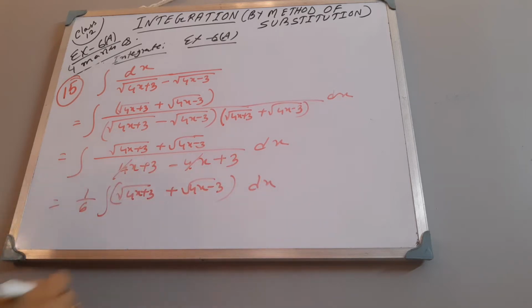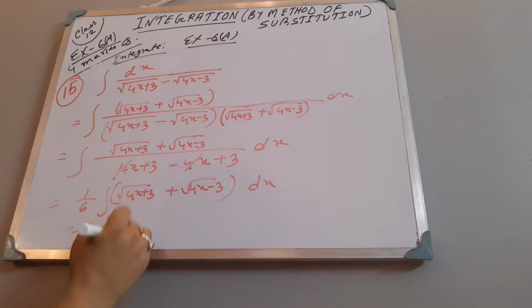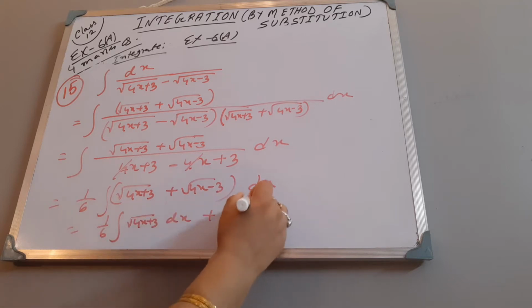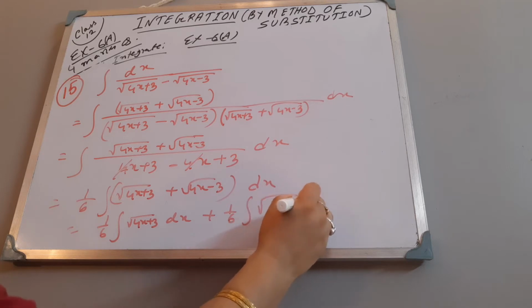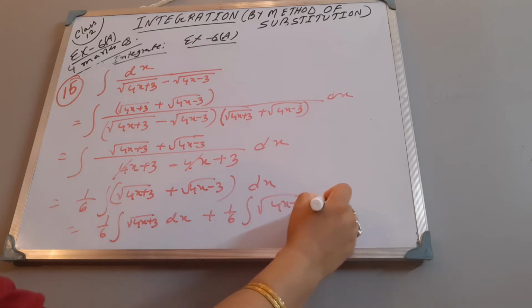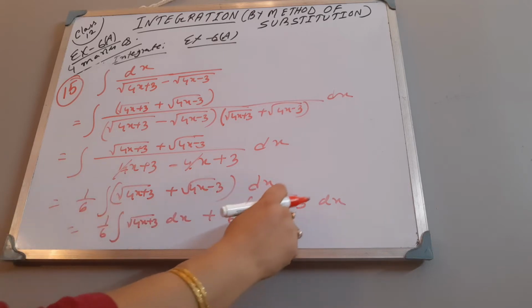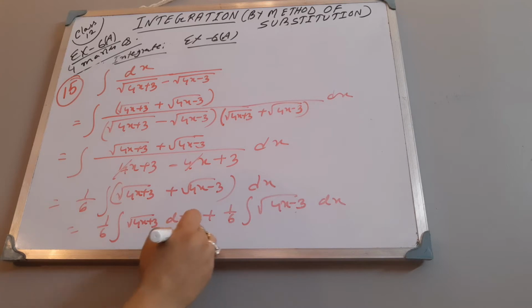Okay, now let us separate the integral part. 1 by 6 integral square root of 4x plus 3 dx, similarly 1 by 6 integral square root of 4x minus 3 dx. Since this is under root, at first we take 4x plus 3 as p square.